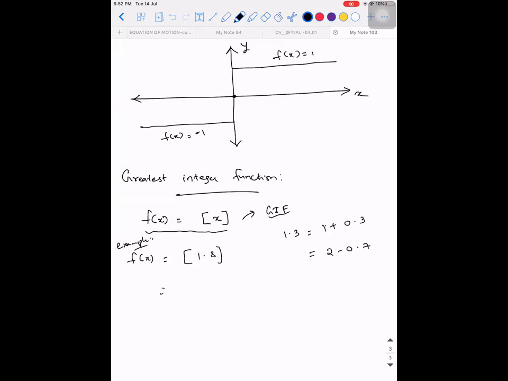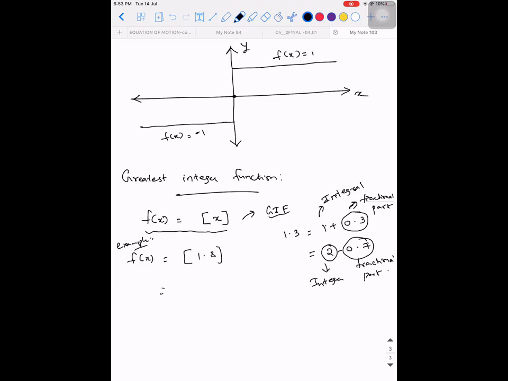If I write it as 1 plus 0.3, this 1 is called the integral part or integer part, and the 0.3 is called the fractional part.